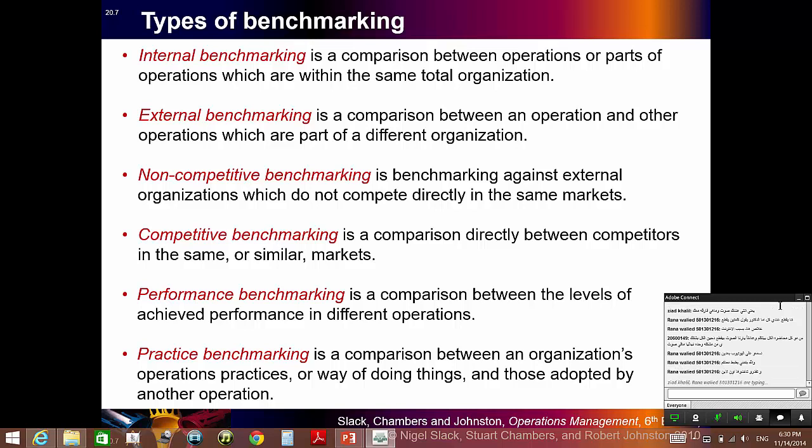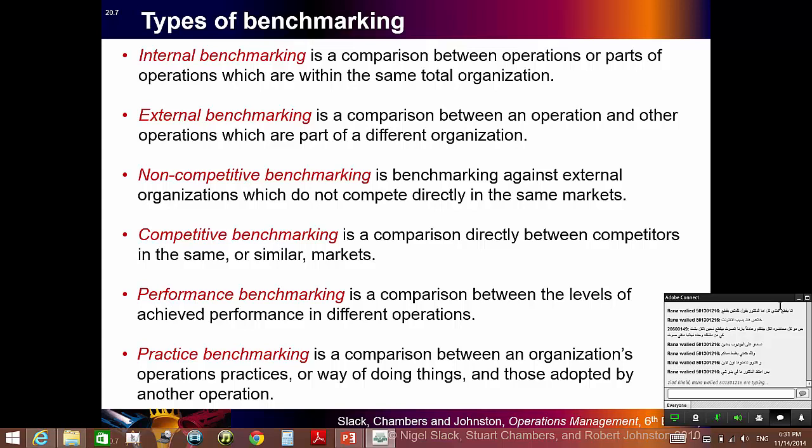Of course, Al-Mara'i is a different organization than Jarir Bookstore, because Jarir is targeting different types of customers than Al-Mara'i, and they have different products. So non-competitive benchmarking means that we compare ourselves with another organization that's not in our market.